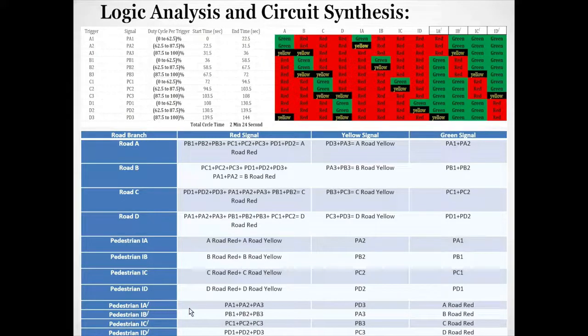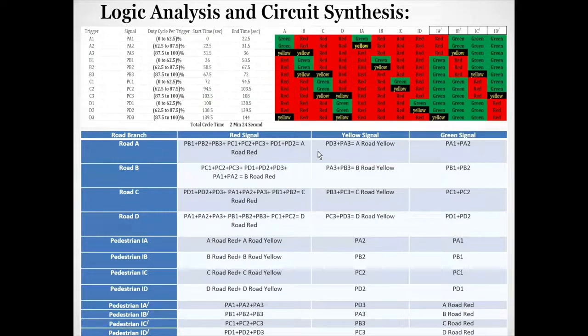For pedestrian path IA prime, this is PA1 or PA2 or PA3. For the pedestrian path yellow signal, this is PD3, and for the pedestrian path IA prime green signal, this is A road red. Similar to the signals we have analyzed for road A, red.